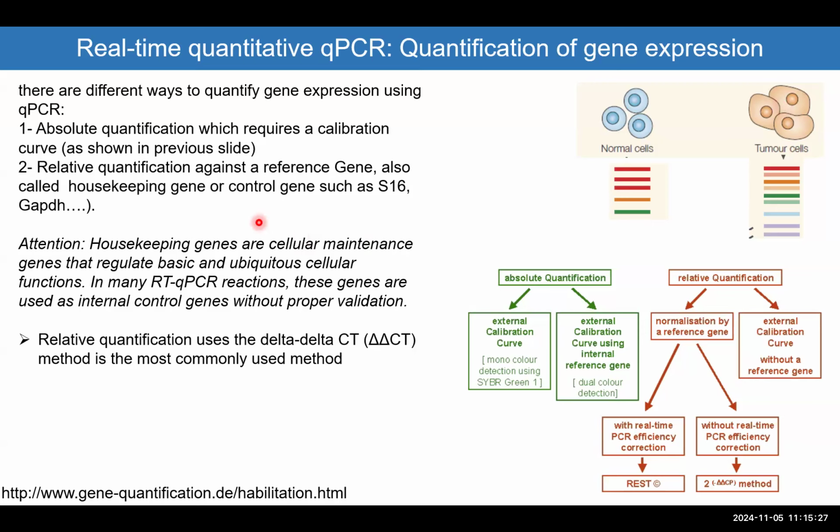So we need to have those that don't change between the two as a control. And I will show you in the next slide how we use them. But before moving forward, I want to make sure that you know that many of these genes people use, they think that GAPDH, for example, doesn't change between a normal cell and a tumor cell, or S16 should not be different between these two, and we use it as a control.